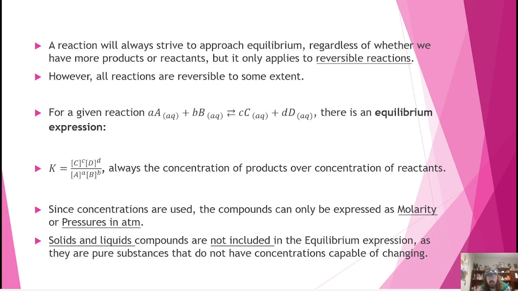Since concentrations are used, the compounds will be expressed in molarity. But if we have gases, typically the pressures will be expressed in atm. With that in mind, molarity or atm are the units we'll constantly use.